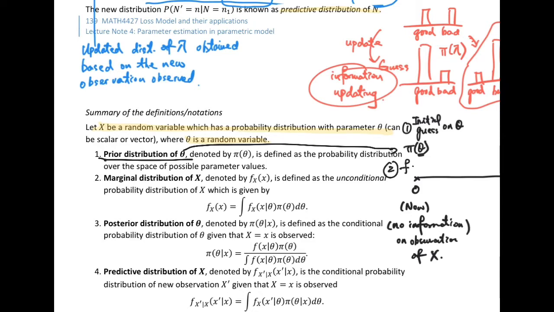Given this, you can calculate the corresponding distribution of S. This distribution, which you calculate based on the initial guess, is what we call the marginal distribution of S. Formally, to calculate this, you make use of the law of total probability.